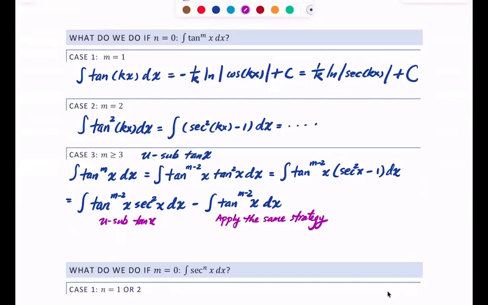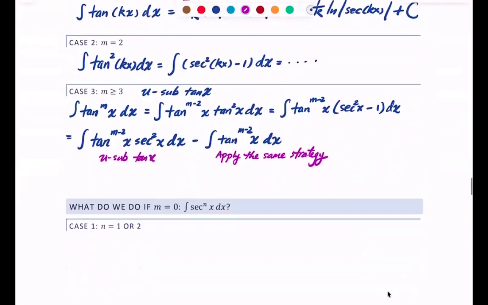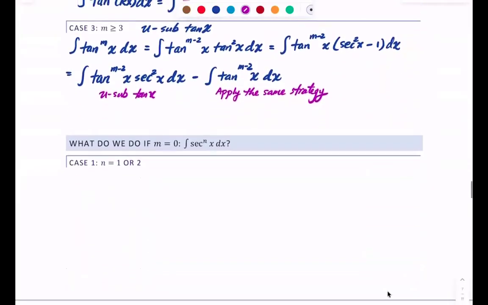If it's greater than or equal to 3, you use the same technique all over. Okay, so all the techniques that we derive here are all based on u substitution.